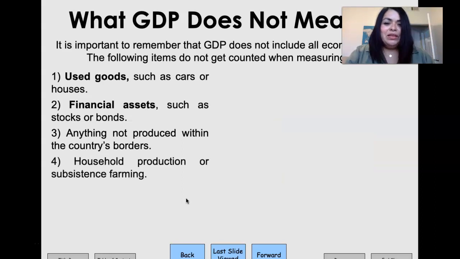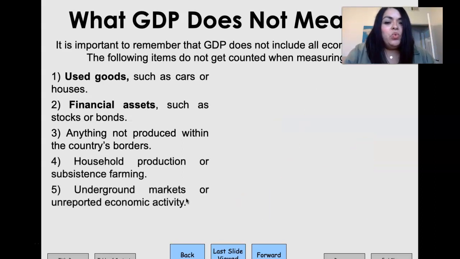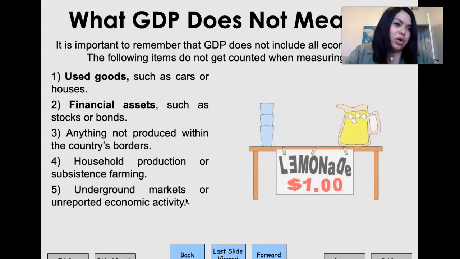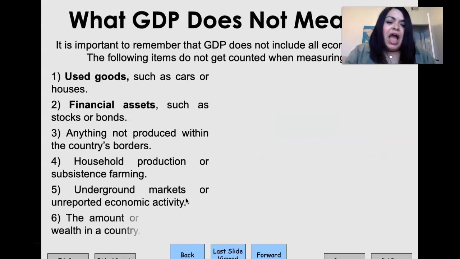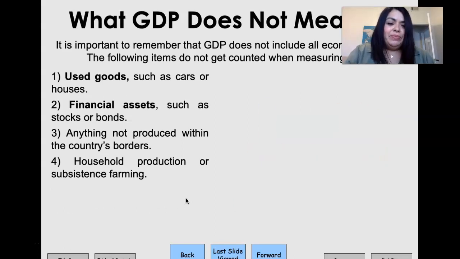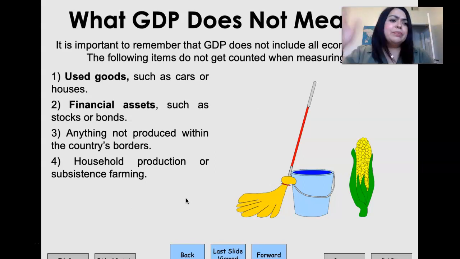Now, we don't ever count household production. Let me go back to that picture there. Let's say you do add-ons to your home, or you renovate your bathroom or your kitchen, or you just hire somebody to clean your house.